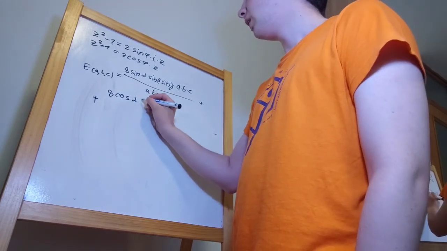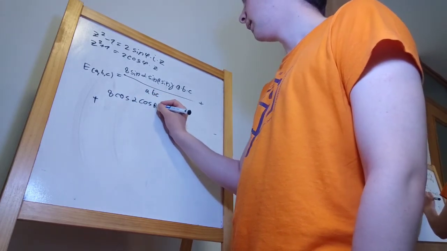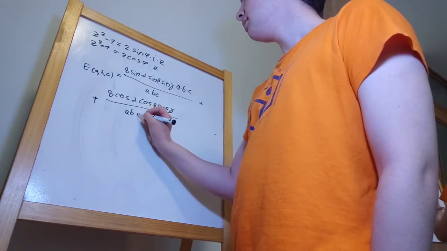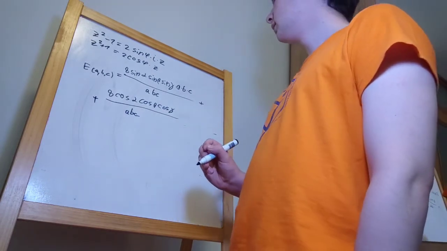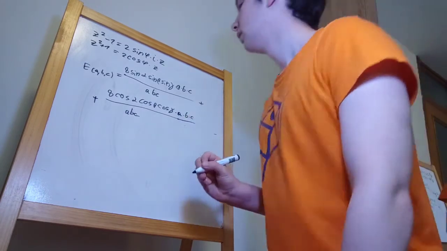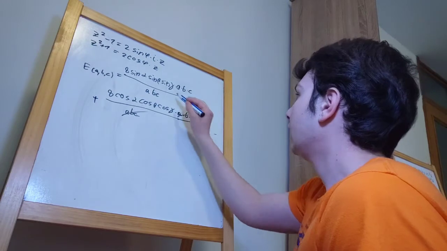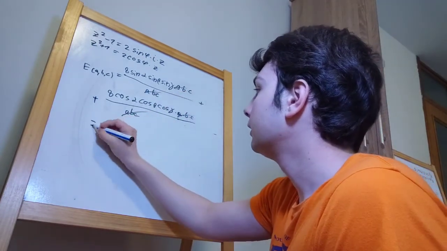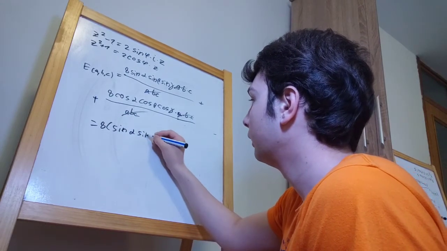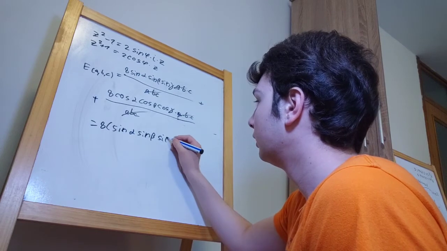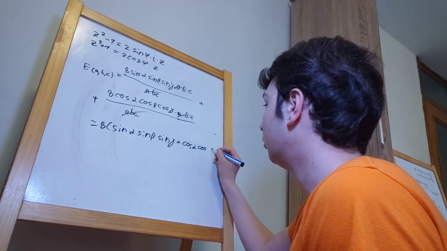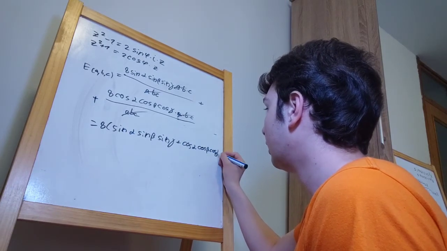So 8 cosine of alpha, cosine of beta, cosine of gamma, all over A, B, C. And this multiplied by A times B times C. Since these terms cancel out, we're left with 8 times sine of alpha, sine of beta, sine of gamma, plus cosine of alpha, cosine of beta, cosine of gamma.